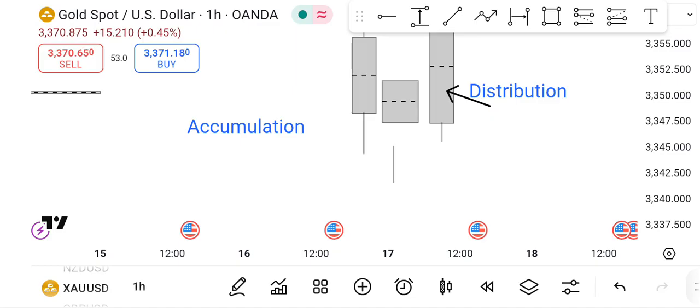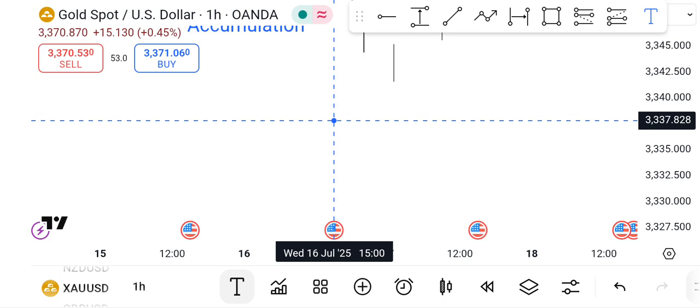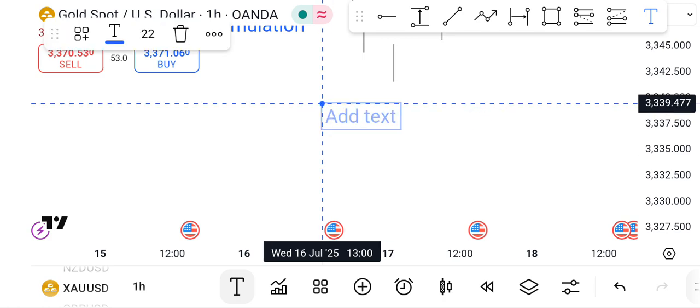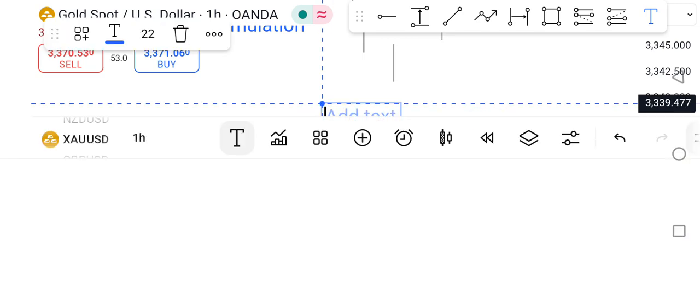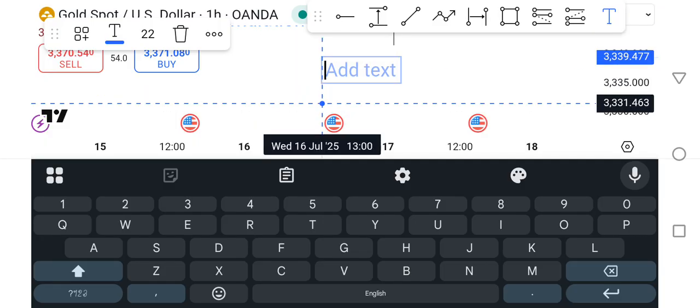So, the better CRT occurs at a specific time. CRT occurs at, and be careful, be attentive on this.